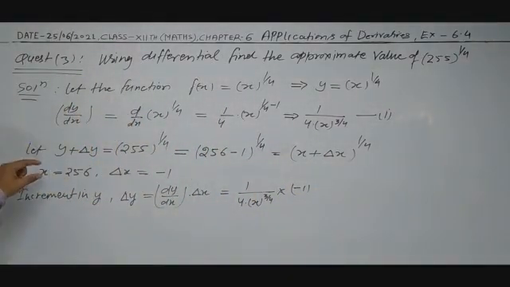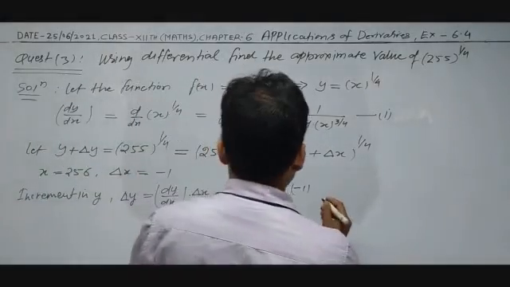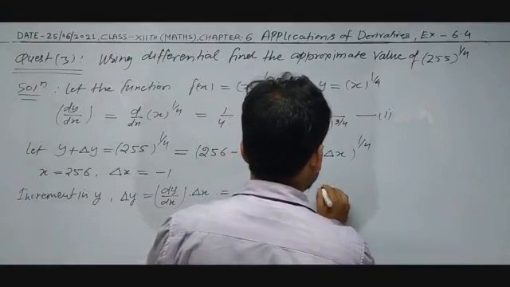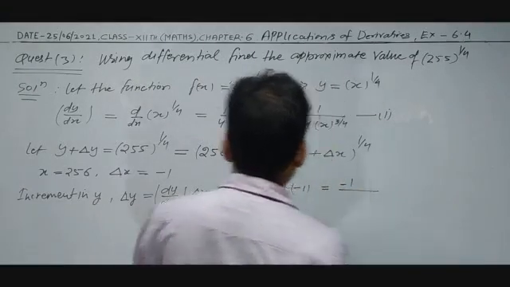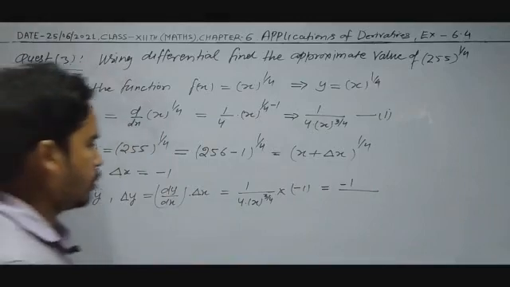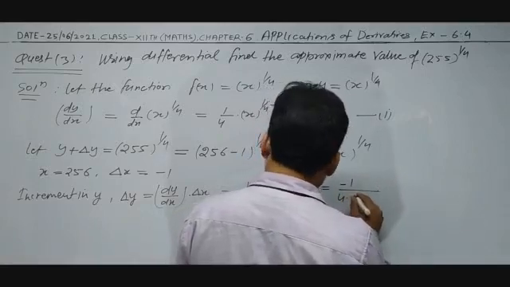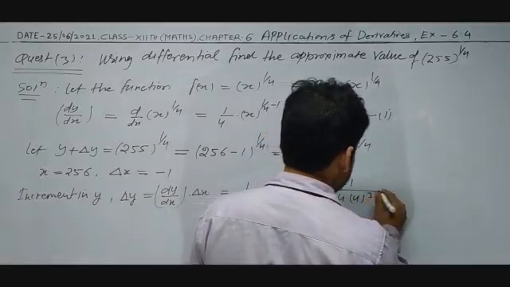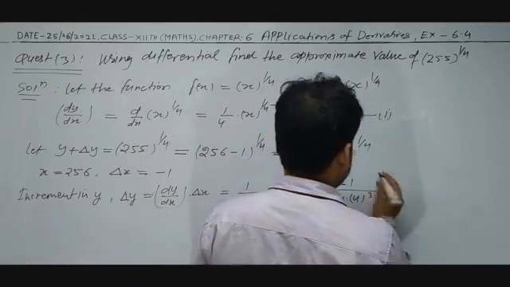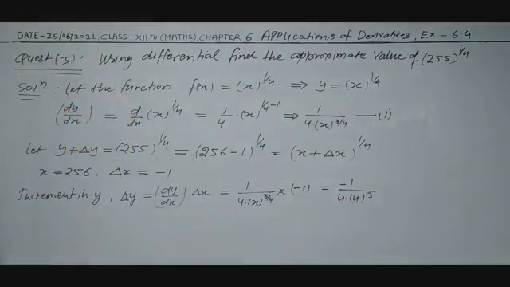When you put 256 at the place of x, you will get -1 upon 4 times 4 to the power 3, because the fourth root of 256 is 4. Into -1, and this will become 256.